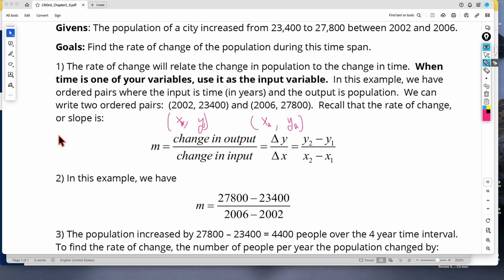Let's say we'll use 2000 as equaling year 0. So what would 2002 be if 2000 was year 0? Just 2, right? So easier to work with, and that makes 2006 just year 6.